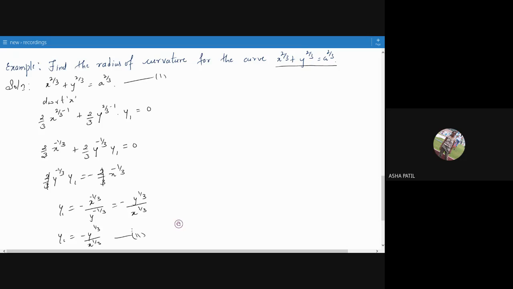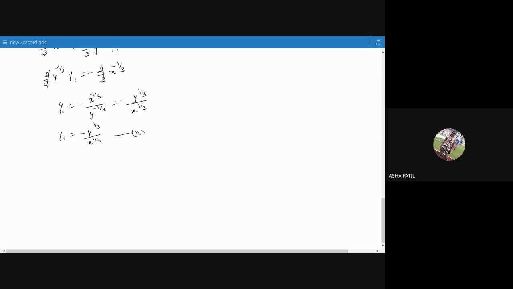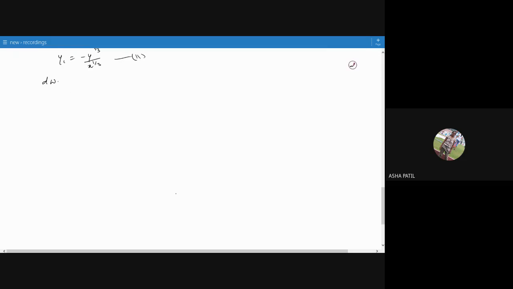Now let us differentiate equation 1 again with respect to x. Differentiating y1 with respect to x, y2 equal to minus, let us keep it outside, we go for the quotient rule. x raised to 1 by 3 as it is, derivative of y raised to 1 by 3.